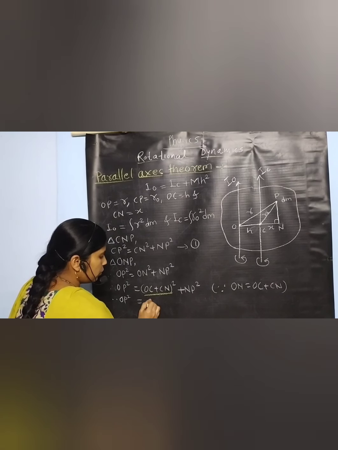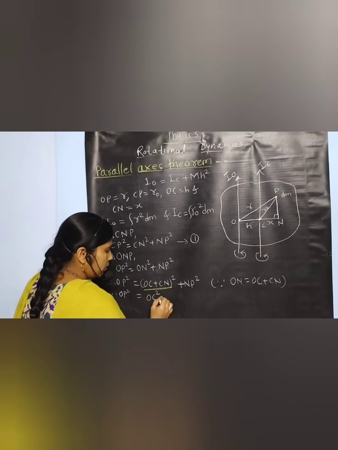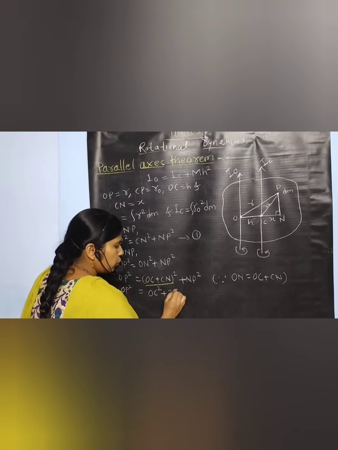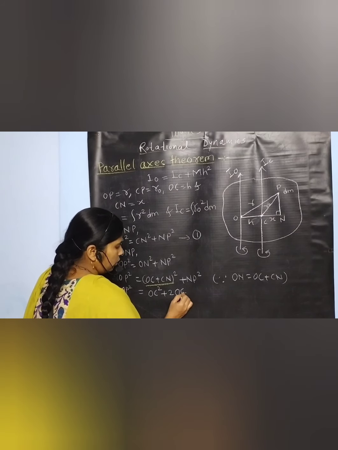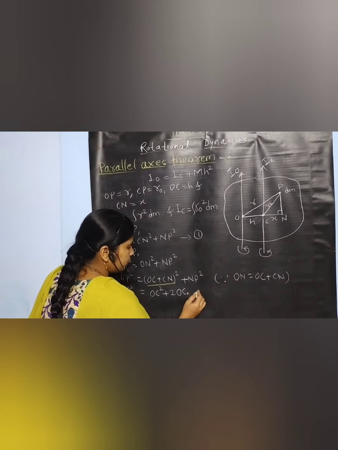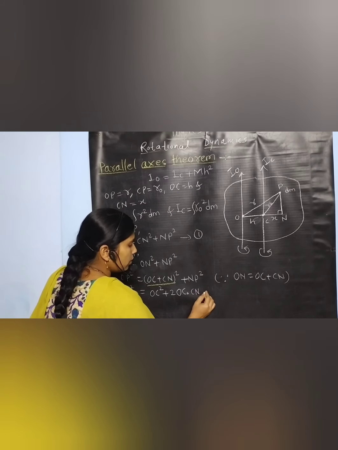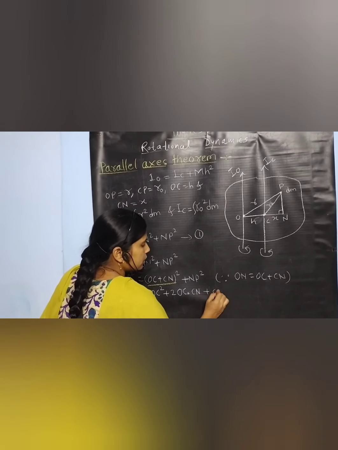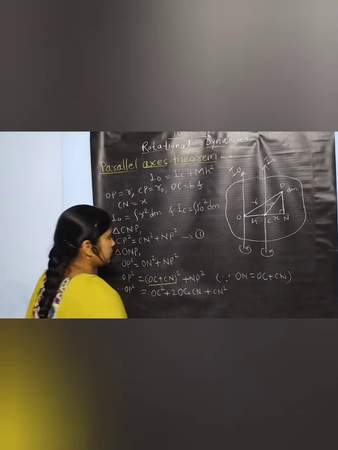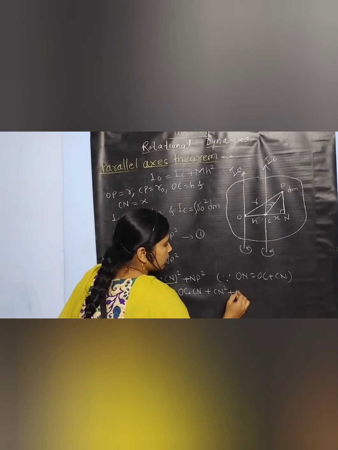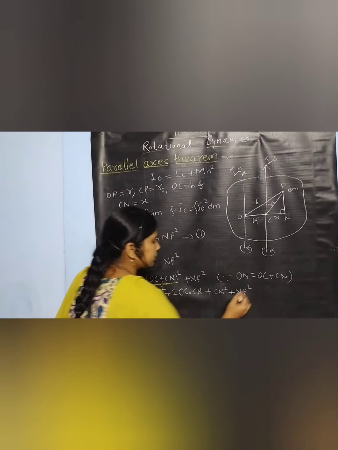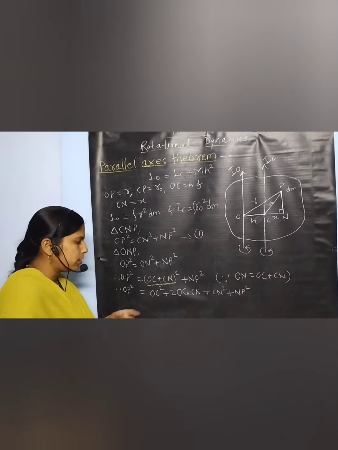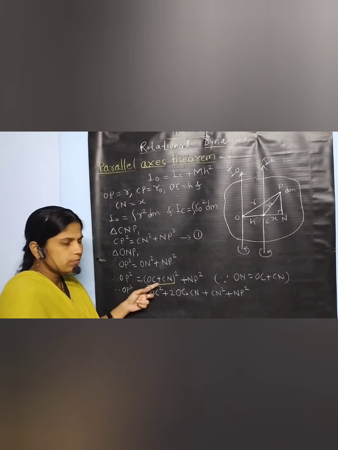Then if we expand the bracketed term, we are getting here OP square is equal to OC square plus 2 OC into CN plus CN square plus NP square. We get this by expanding the bracketed term (OC plus CN) square.